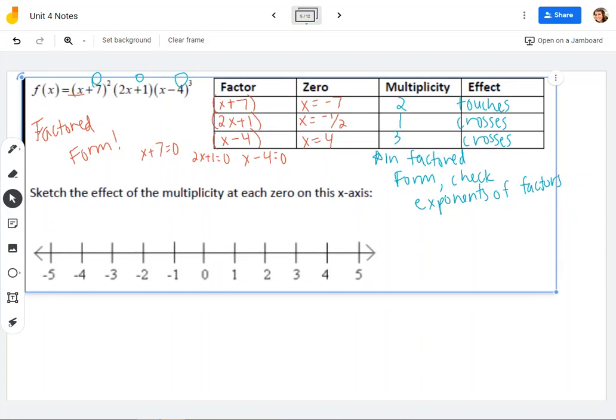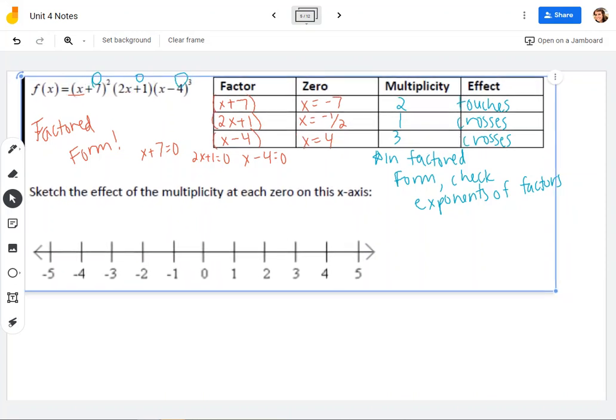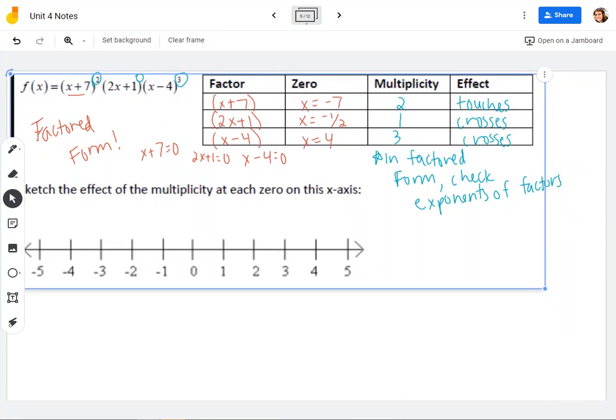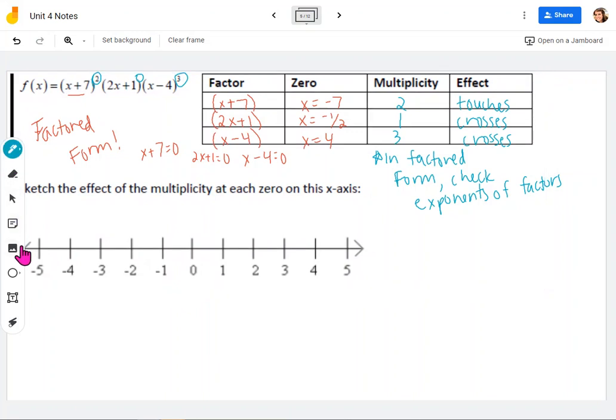So now we'll make this little sketch. Oh, that's going to mess everything up. Okay, so I don't have -7, so I'm going to improvise a little bit and just draw a -7. I hope you are okay with that. And we need to figure out this end behavior. So remember, step 1 is the ends. So we don't have our standard form, so this is a little harder to decide.